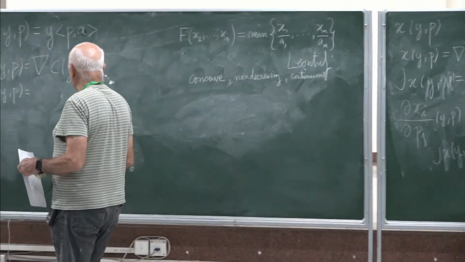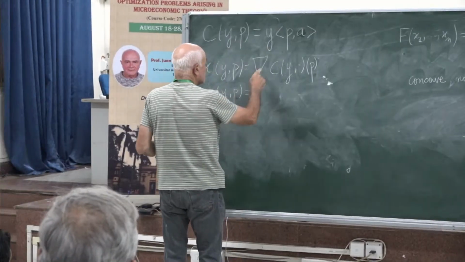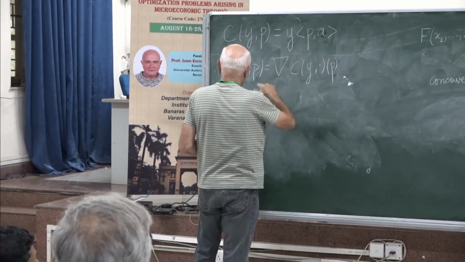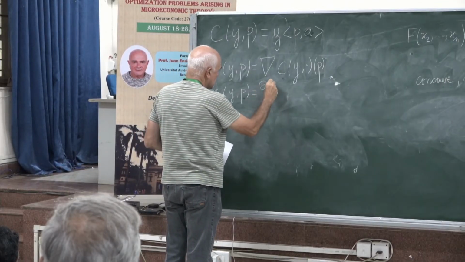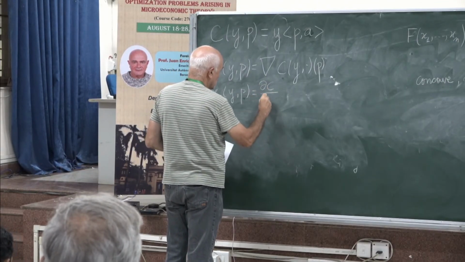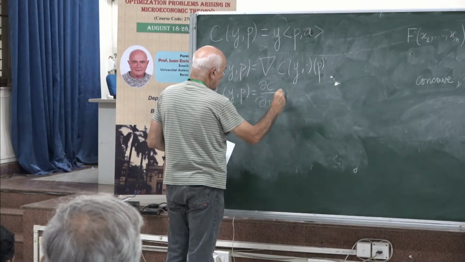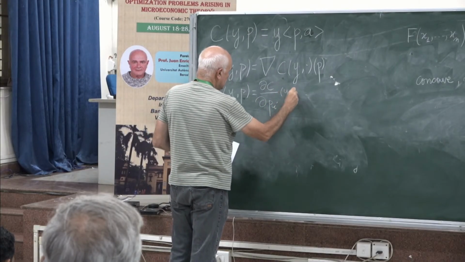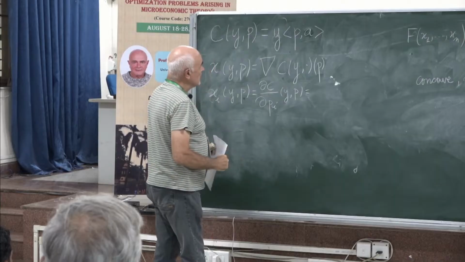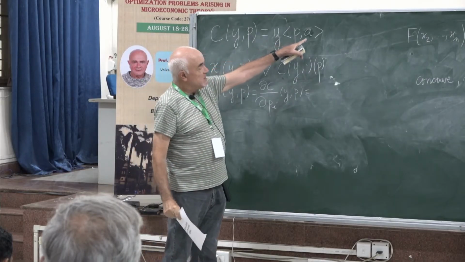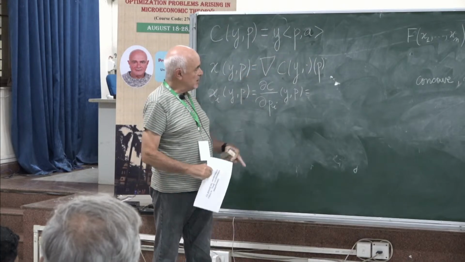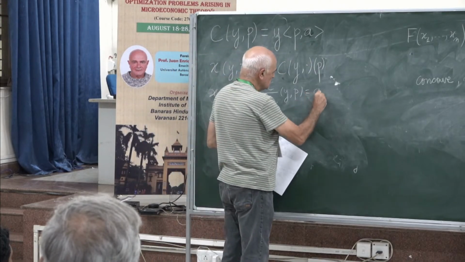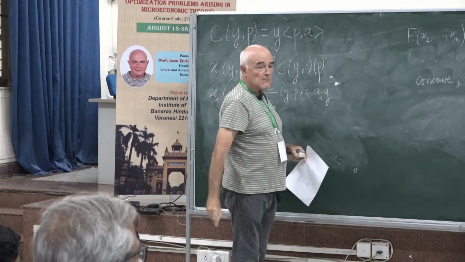So the partial derivative of C with respect to pi at y, p is, the partial derivative of this sum is ai times y, as we had seen.